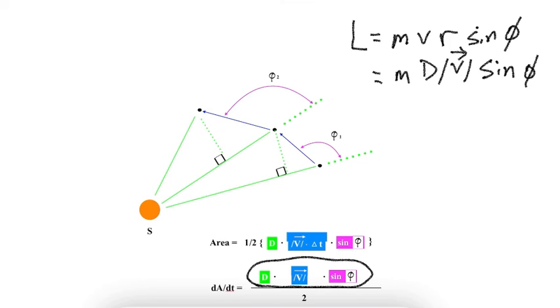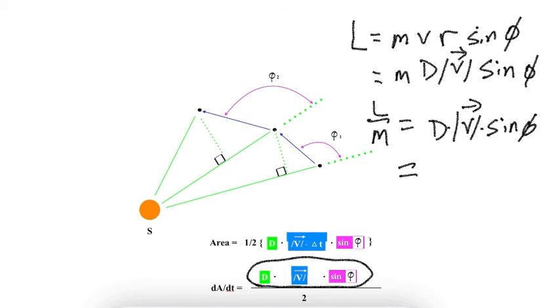Now, because the mass of the planet is so small in comparison to the mass of the sun, it doesn't have any significant influence on the orbital path. And furthermore, we can divide both sides of this equation by m, and we wind up with L over m equals d times the absolute value of the velocity times sine phi, which is our numerator.